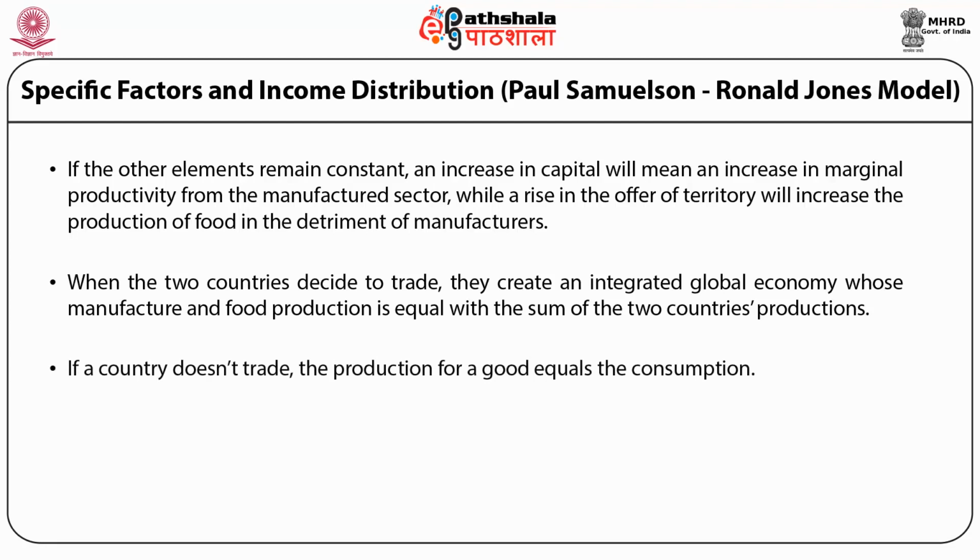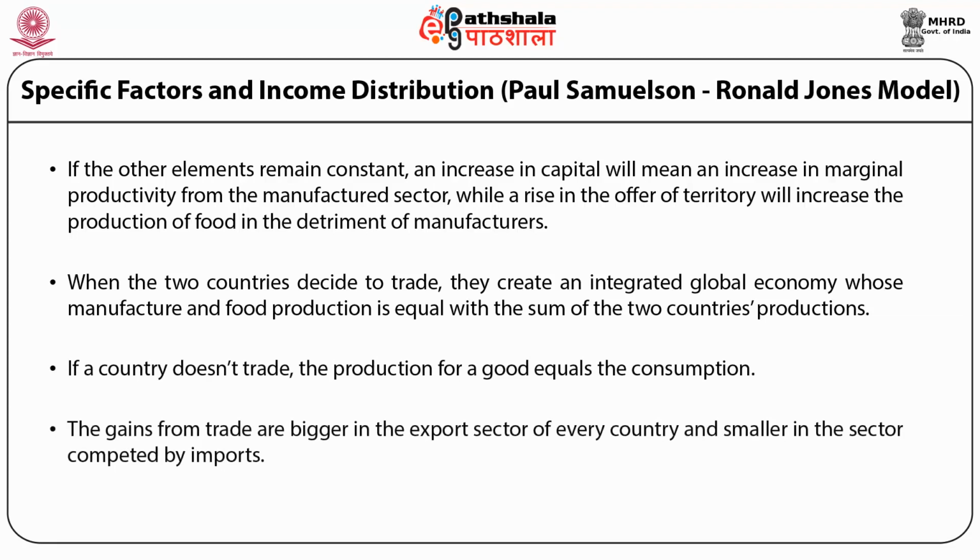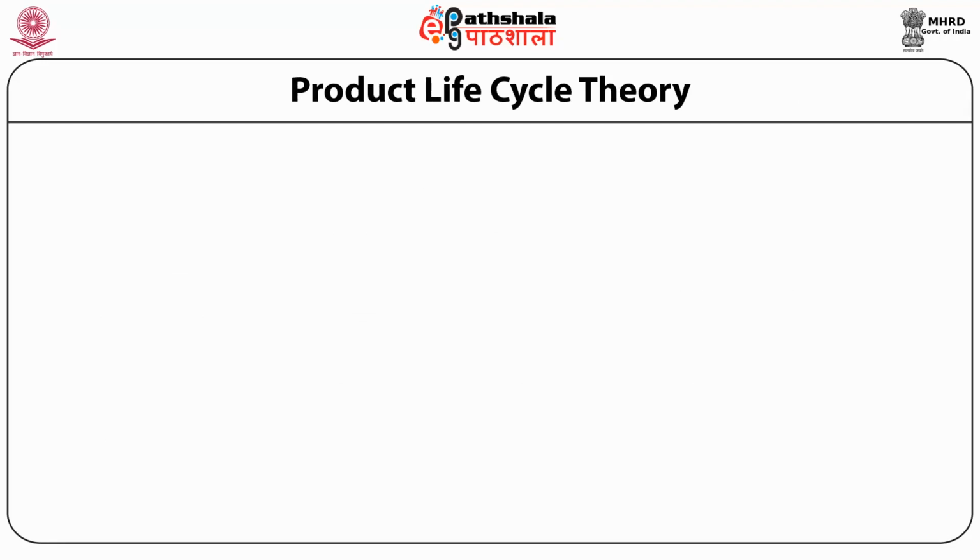If a country does not trade, the production of a good equals the consumption. The gains from trade are bigger in the export sector for every country and smaller in the sector competed by imports. Product life cycle theory.